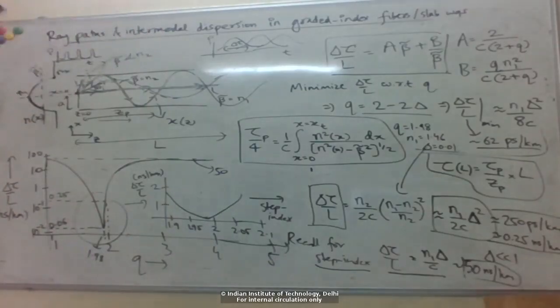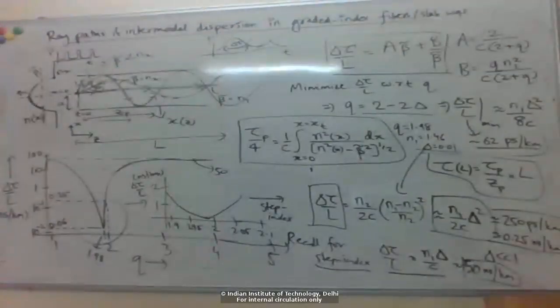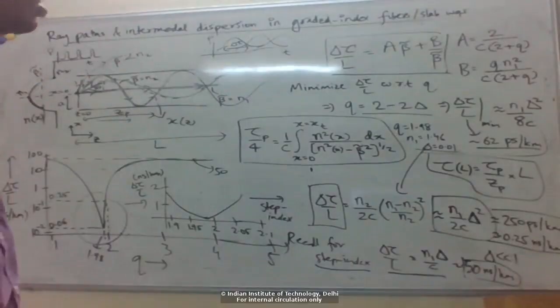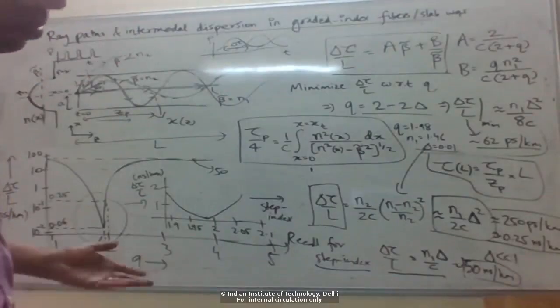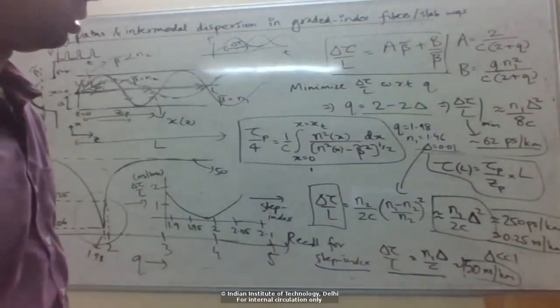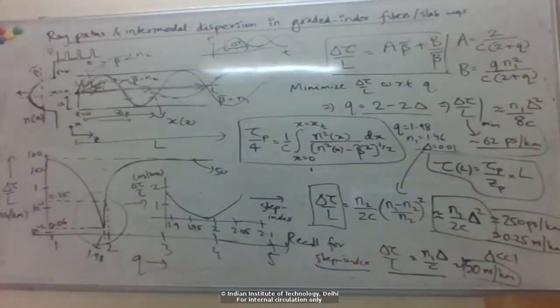With this, I think that finishes our discussion of ray optics or geometrical optics. From now on, we'll move on to the actual wave optics, how light is actually described. We'll solve the wave equations in such structures and see what kind of solutions we get.